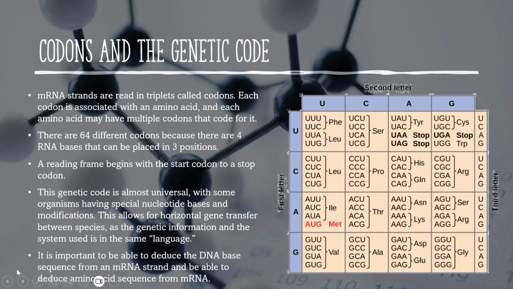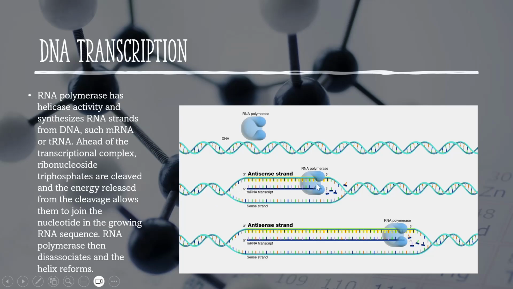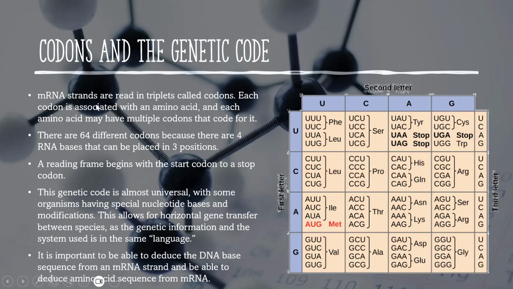So now we have this mRNA here, and this mRNA has triplets called codons, so it's just 3 bases at a time, and that's how it's read. So the reading frame is 3 bases each in 1 codon. Each codon is associated with 1 amino acid, and each amino acid may have different codons that code for it.